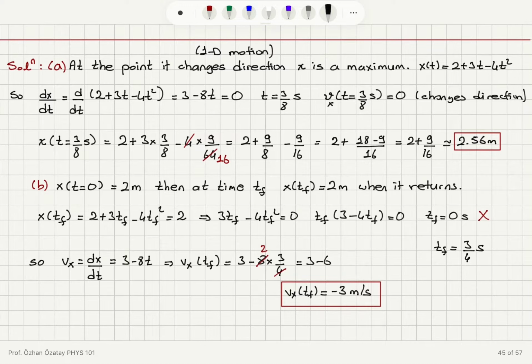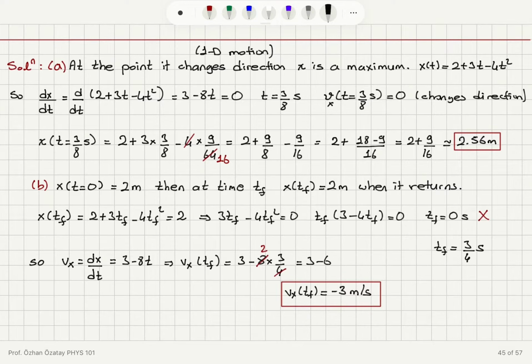I've looked for an extremum in the position by taking the derivative with respect to time, setting it equal to 0. I found that the extremum occurs at t equal to 3 over 8 seconds, and the position at t equals 3 over 8 seconds I have found to be 2.56 meters.